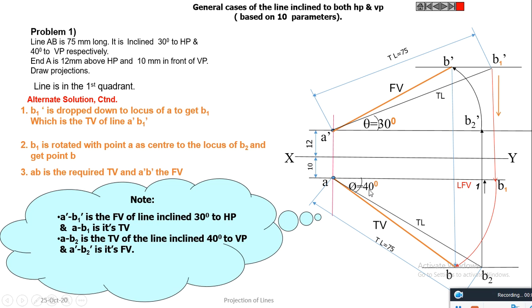So A B2 is the top view of the line and its front view is A dash B2 dash. It is rotated to get B1 and this is rotated to get B. So the final required front view is A dash B dash and top view is AB.